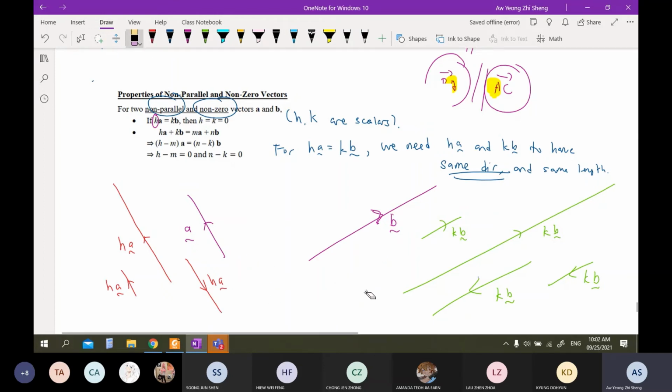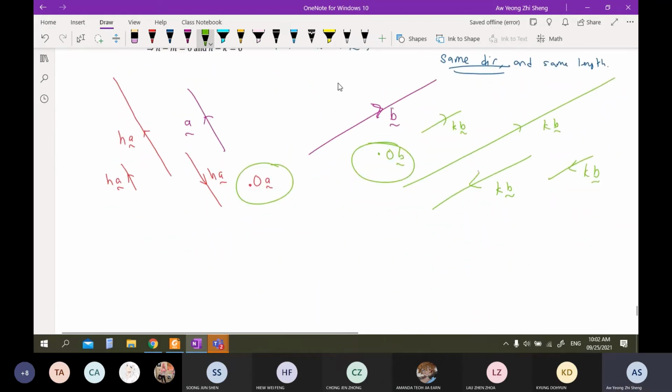The only way for the directions to be the same is that you set H to be 0. If you set H to be 0, then 0A will be just a dot. If you set K to be 0, then 0B will be just a dot. It is under this situation, the only situation where the two vectors can be equal.